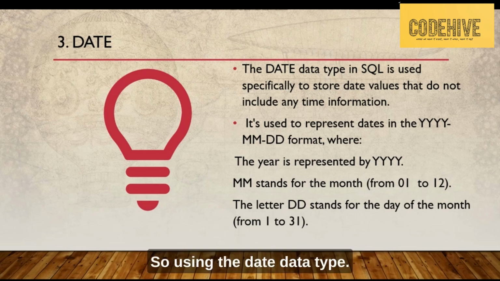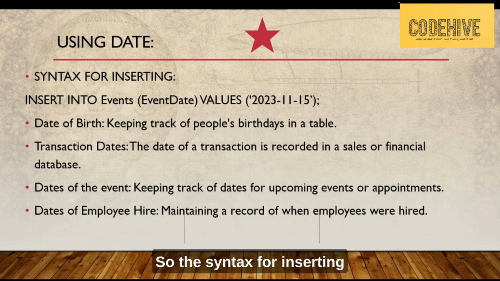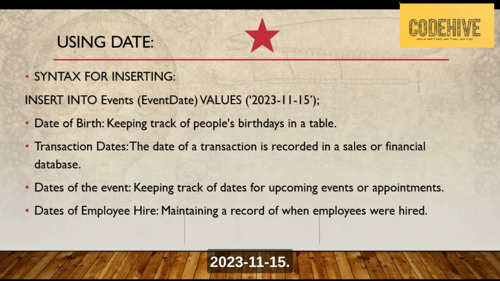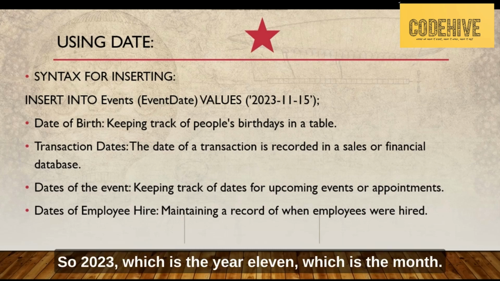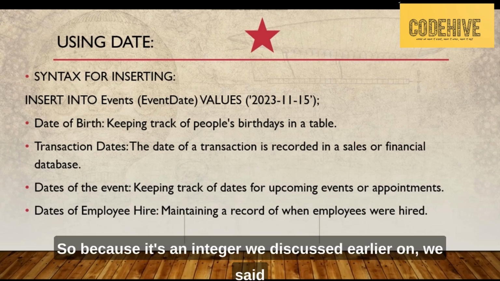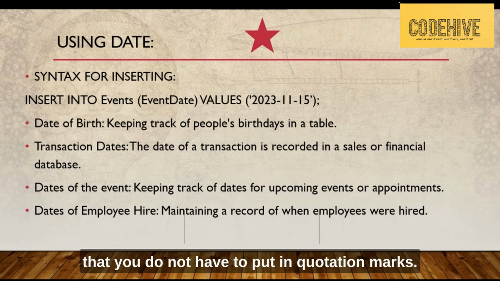So using the date data type, the syntax for inserting is INSERT INTO events, and then your column, which is event date, VALUES 2023-11-15. So 2023 is the year, 11 is the month, 15 is the day. You can see that this is stored in quotation marks. Because with the integer we discussed earlier, you do not have to put in quotation marks.